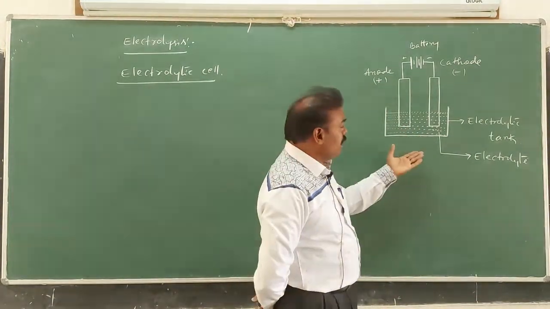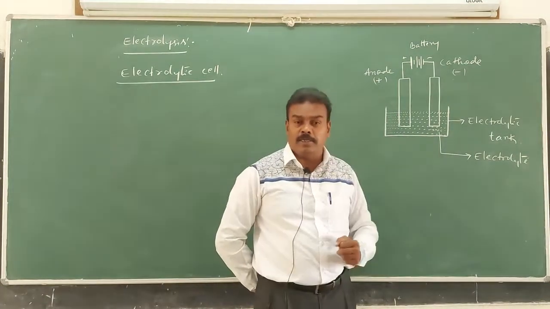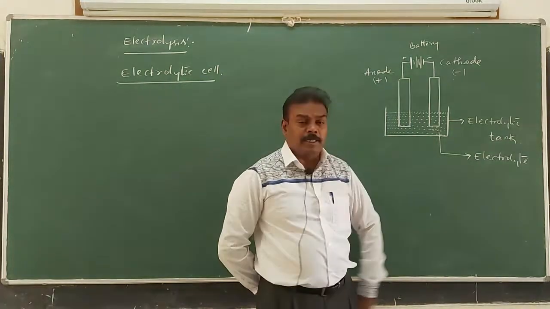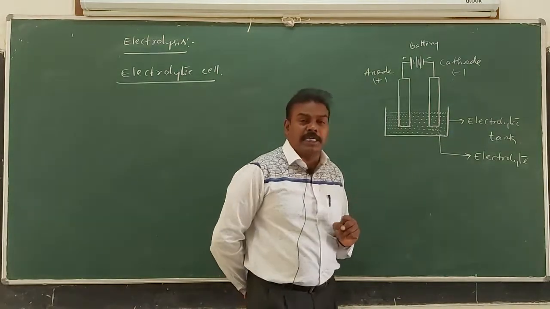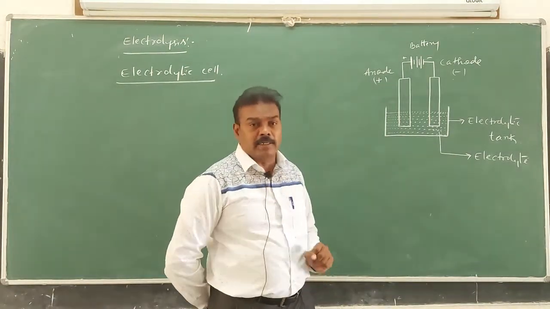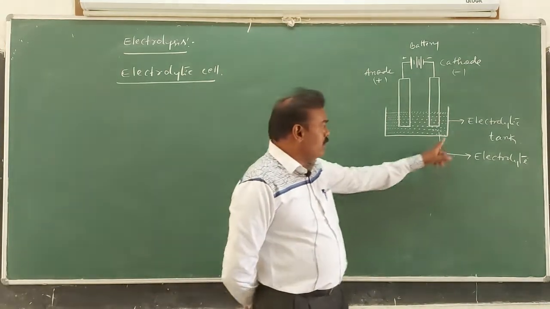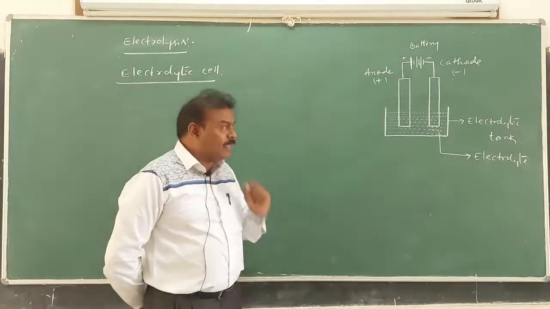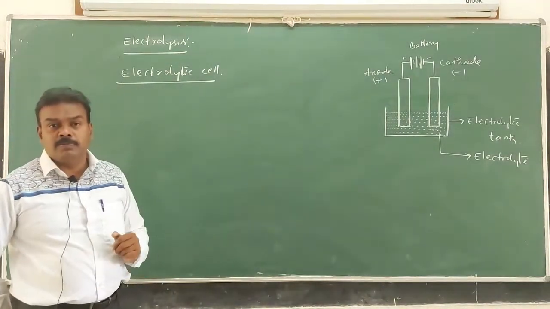You already know there are different types of electrolyte. What is called an electrolyte? Any substance which conducts electricity either in the aqueous state or in the molten state is called an electrolyte. And there will be an electrolytic tank. This is an electrolytic cell only.